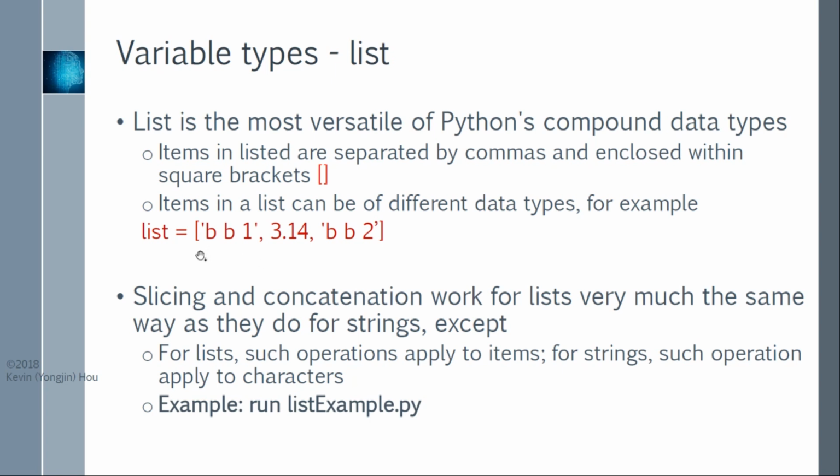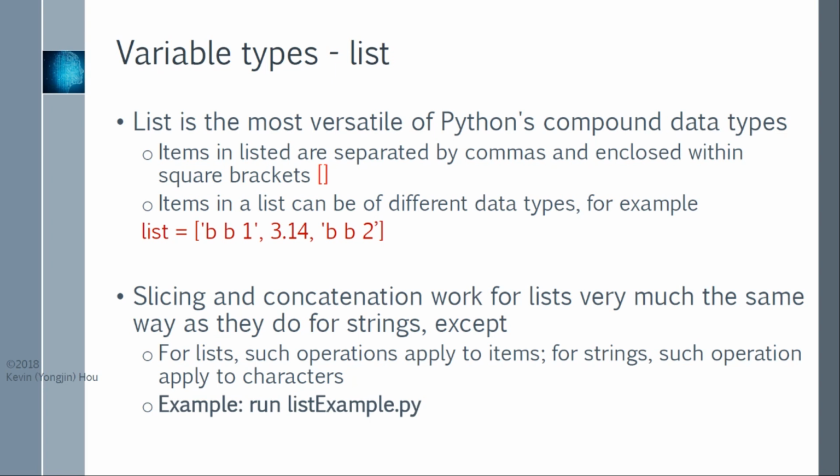The items in the list can be of different data types. In the following example, the first item is a string, BB1, the second item is a numerical value, 3.14, and the third element is a string again. So they can be of different data types, all mixed together in the same list.